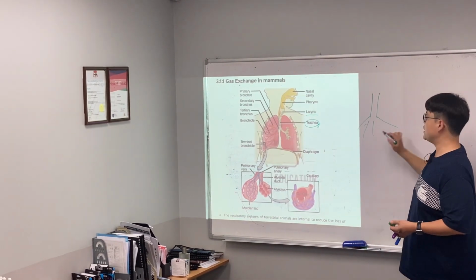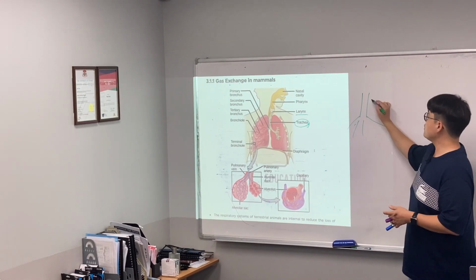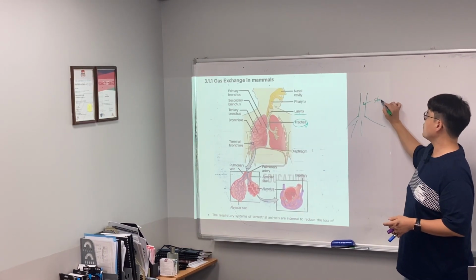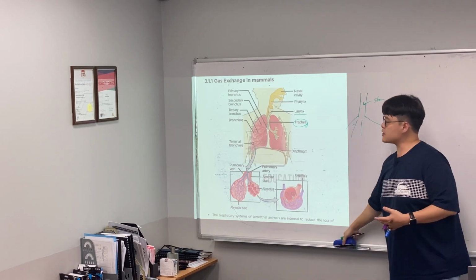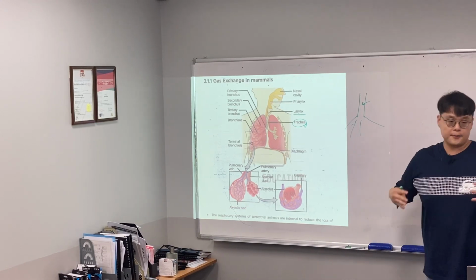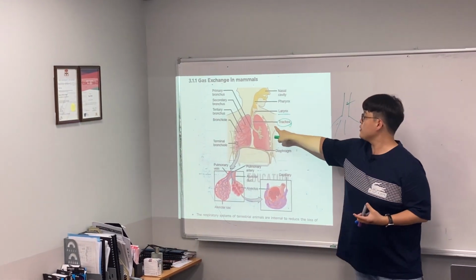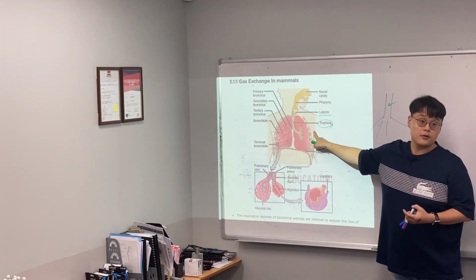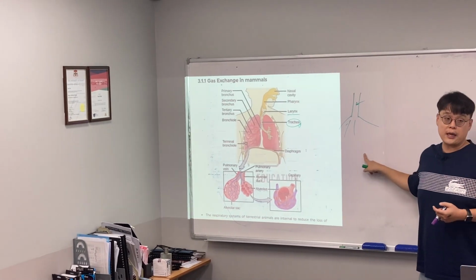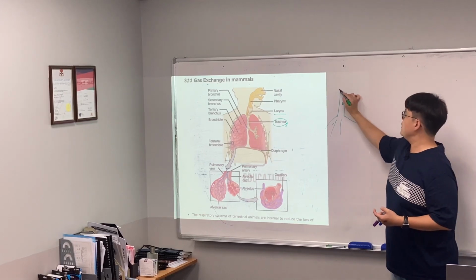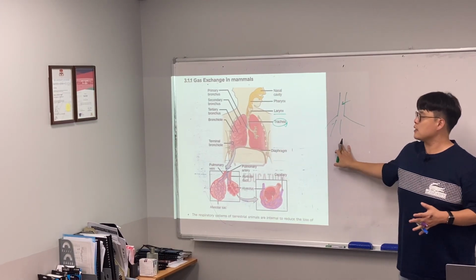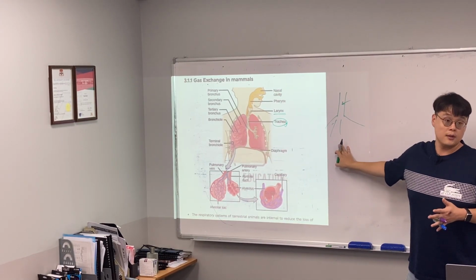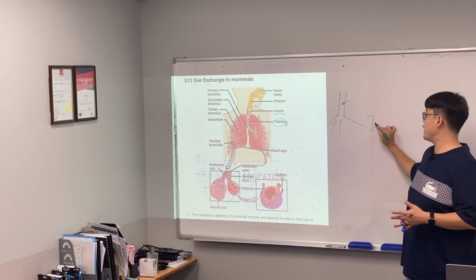The trunk of the tree is known as the trachea. The branches that go on the tree, you may think of the tree structure there, are basically the bronchi, the branches.